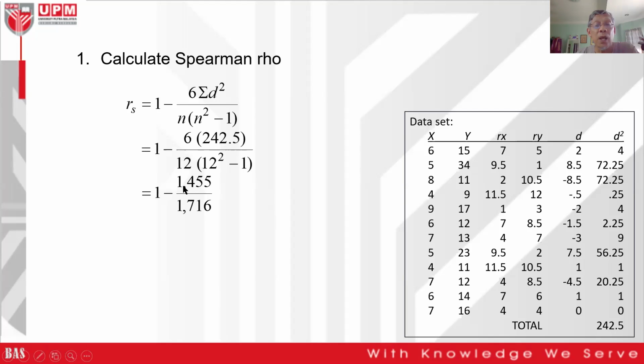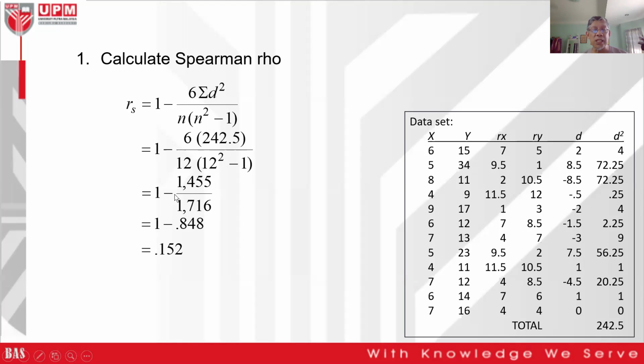So 1 minus 6 multiplied by 242.5 is 1,455, divided by 1,716. How to get 1,716? 12 multiplied by 144 minus 1, which is 143, and 143 multiplied by 12 is 1,716.